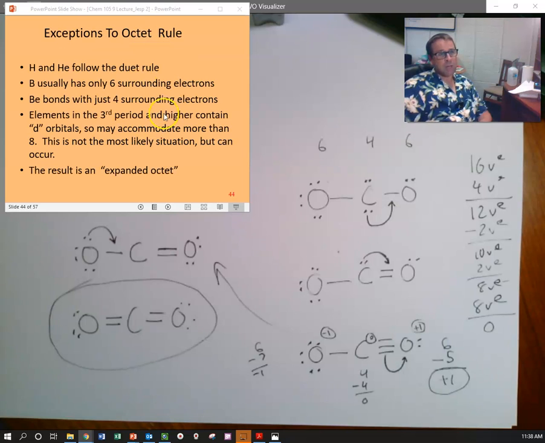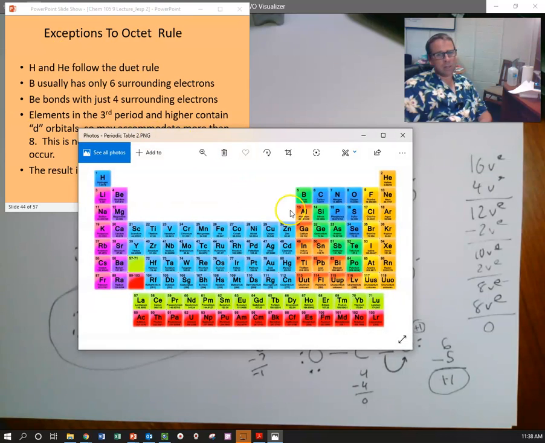In some scenarios, we have what's called an expanded octet. Now, this can only occur when you're talking about elements in the 3rd row or lower. So for our nonmetals, it would really be elements like phosphorus, sulfur, chlorine, argon, selenium, bromine, right?